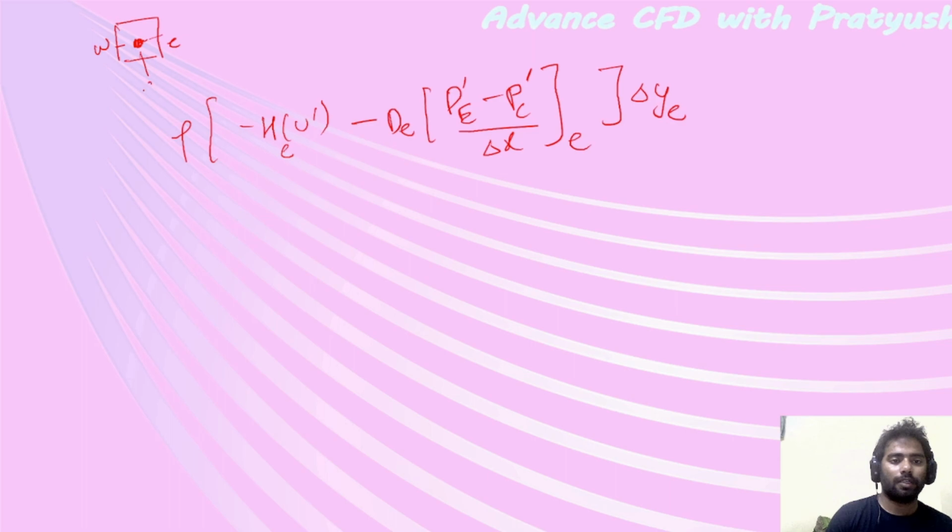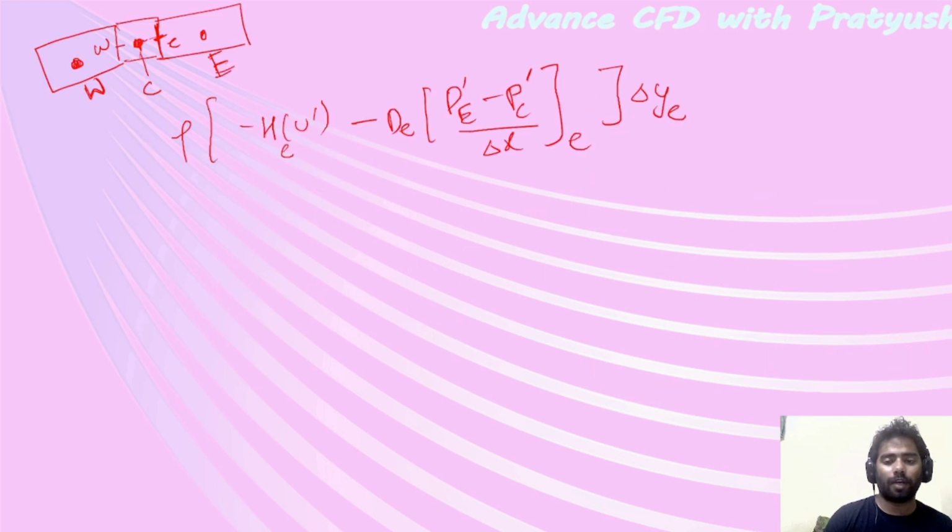This is the central cell C. Similarly, there will be another cell on each side. So this is the east, and this is the capital W. These capital W, capital C, and capital E represent the cell centers. What we are doing is we want to find the pressure gradient at the face center, so we are taking PE minus PC upon del X.